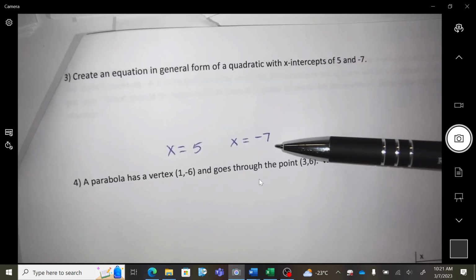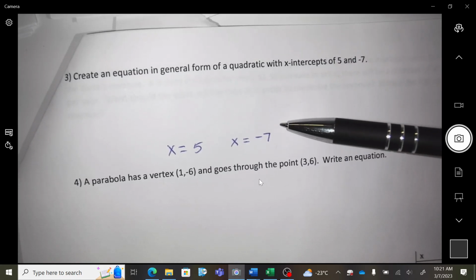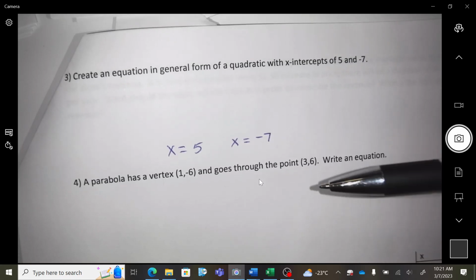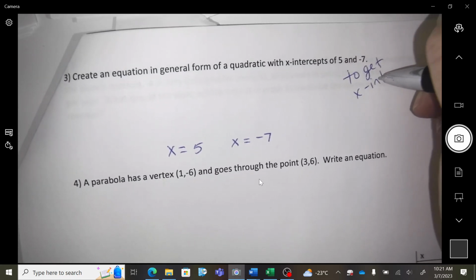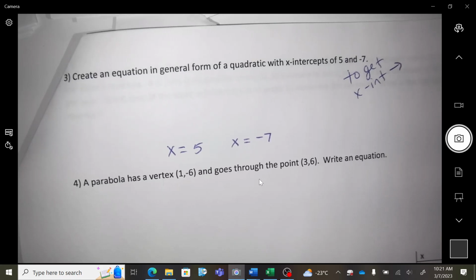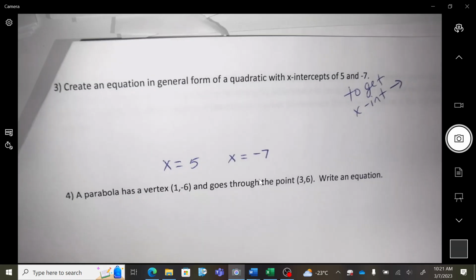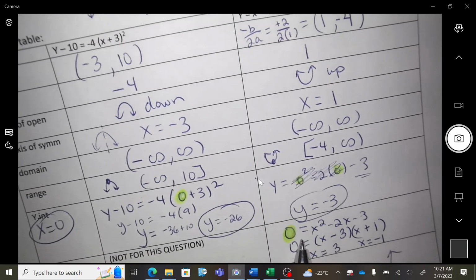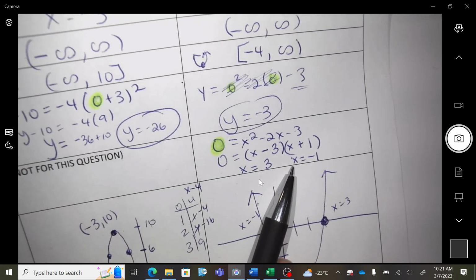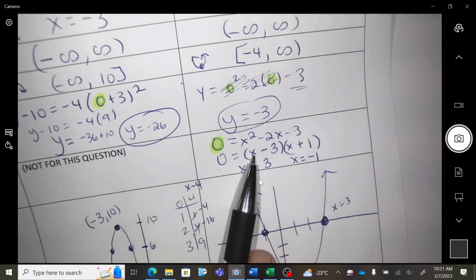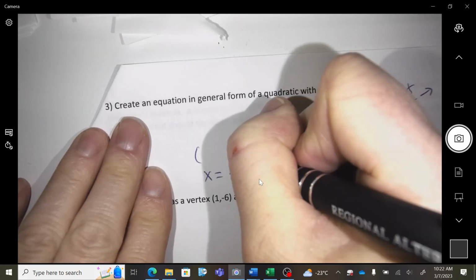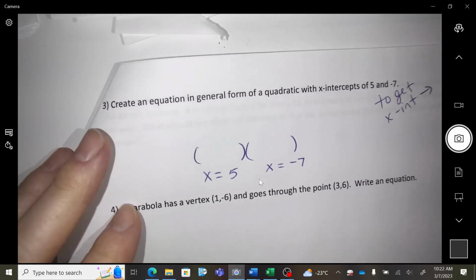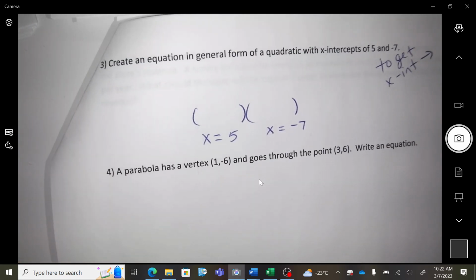If these are the 2 x-intercepts, what math process did we do to get the x-intercepts? If you need to peek back onto the other page, we did it back here. So this is where we got our x-intercepts. What was the process to get there? Factoring.